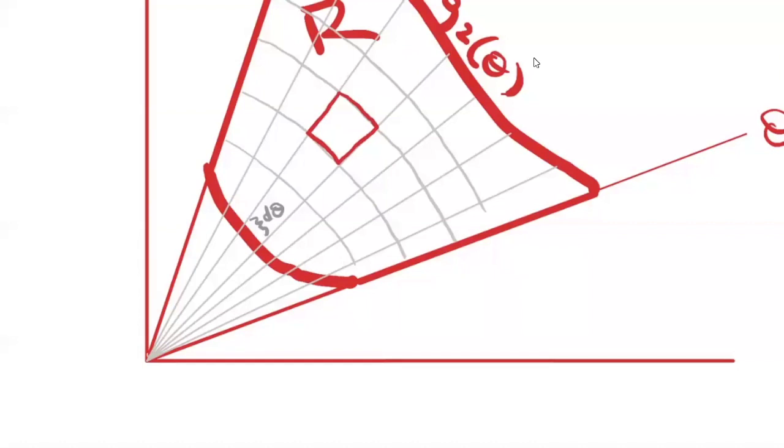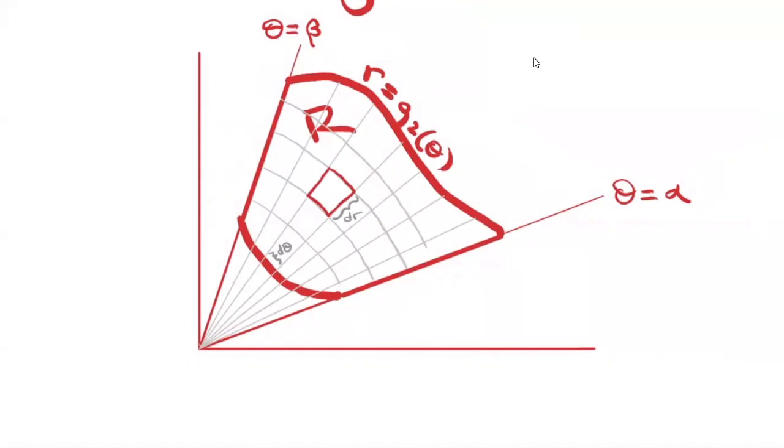The change in radius this way would be dr. The area of the region here we'll call dA, a differential area in polar coordinates.